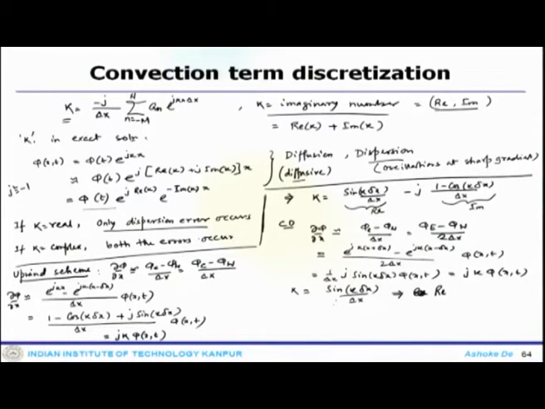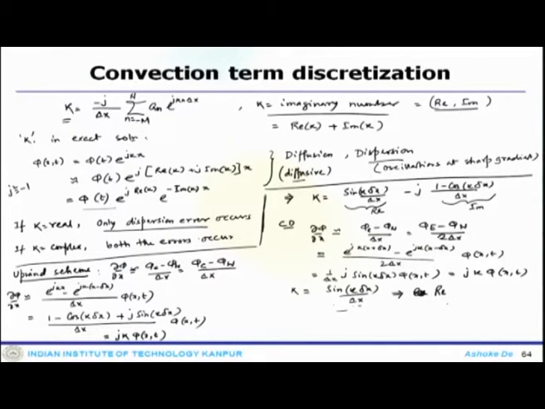That is what is important, that in one case there will be both the errors present and in the other case only one. This dispersion error causes some sort of oscillation, undershoot and overshoot of the results at the location where you have a sharp gradient.